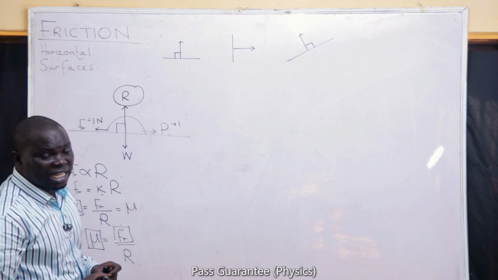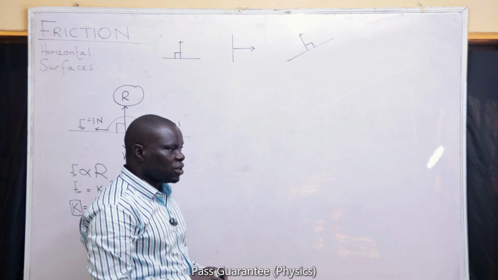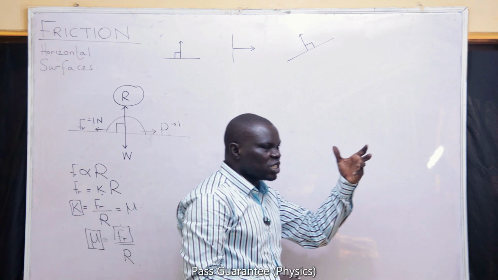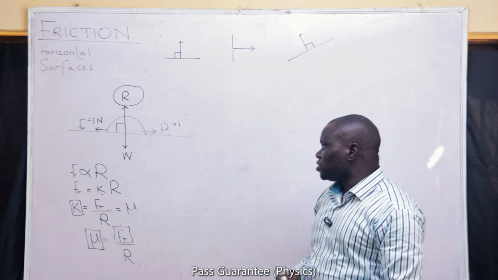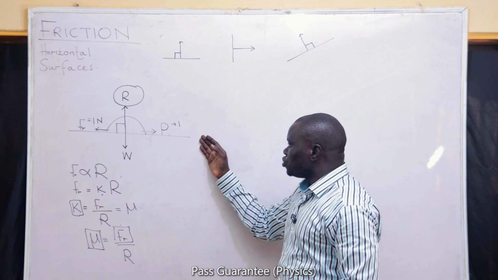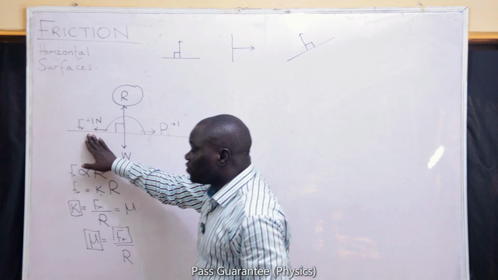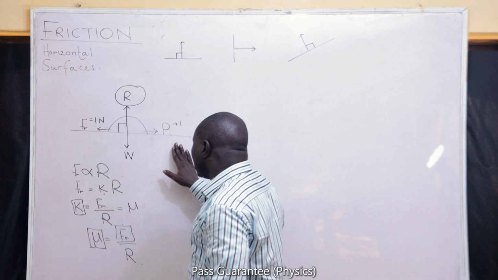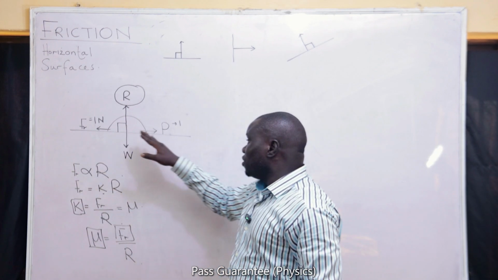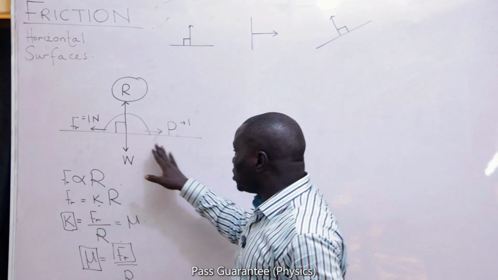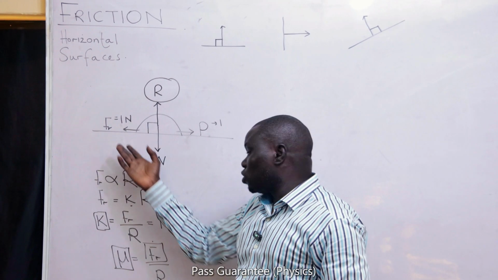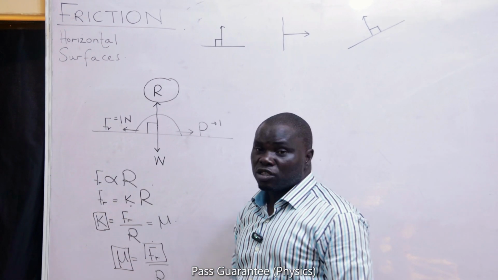That is spelled out in one of the properties of friction. I said friction increases to the same extent as the force that is producing the motion. If the force is 2, friction increases itself to 2. If it is 3, friction increases itself to 3. If it becomes 4, friction increases itself to 4. If it becomes 5, friction increases itself to 5. And remember, 5 is what we have calculated from this formula.